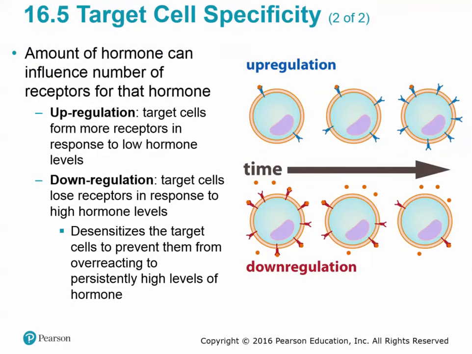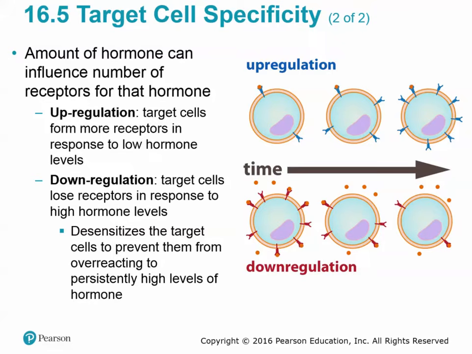When we look at the way that levels of hormone can influence the number of receptors, this is upregulation and downregulation. Depending on if we need more receptors or fewer receptors, again, depending on the amount of hormone in the blood, we can increase or decrease the number of receptors for our purposes.